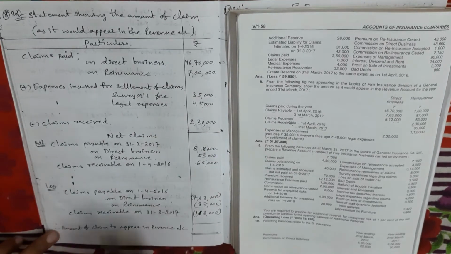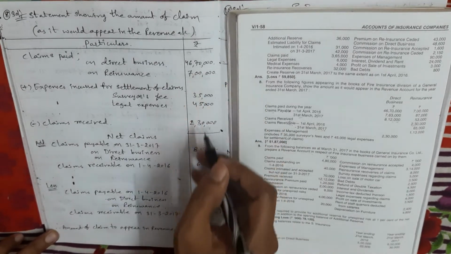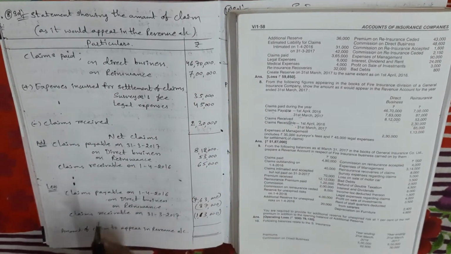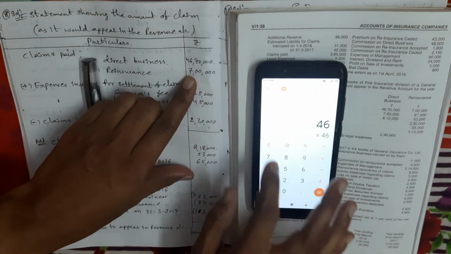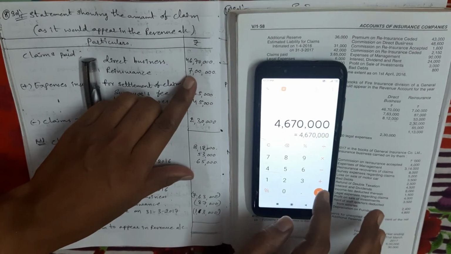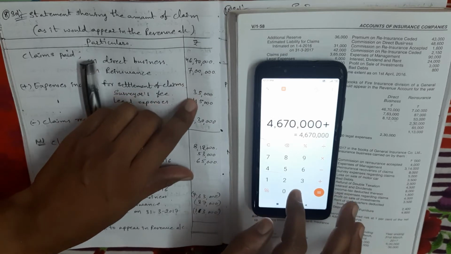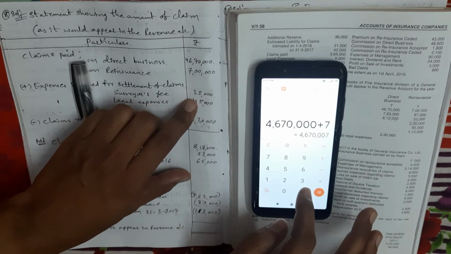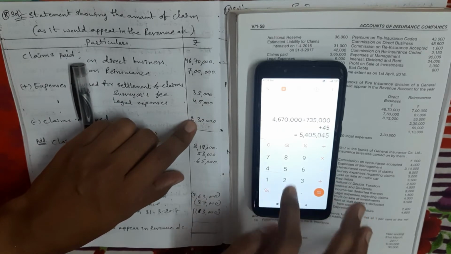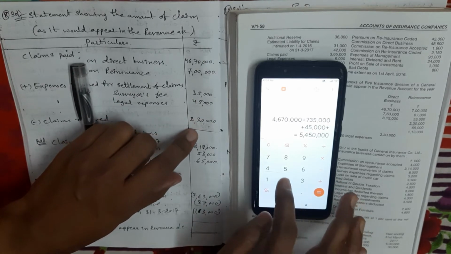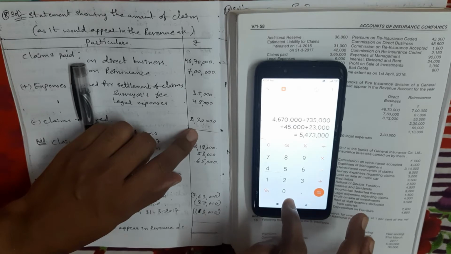Okay, right. Now close the schedule. 46 lakhs plus 70,000 plus 7 lakhs plus 35,000 plus 45,000 plus 2 lakhs 30,000.